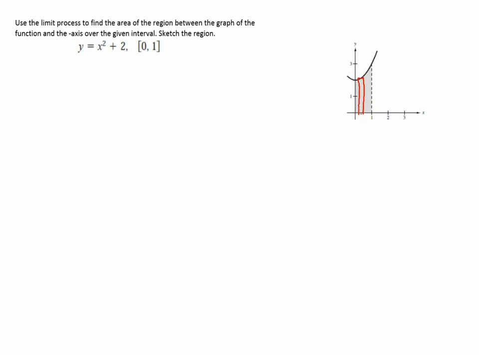Now, the area of this rectangle is width times height, or base times height. The base is part of the distance from 0 to 1. The height is f of the function at the midpoint of this rectangle. The idea here is that we are going to put an infinite number of rectangles like this in this small area, such that when we find the sum of them, they will give exactly the required area.